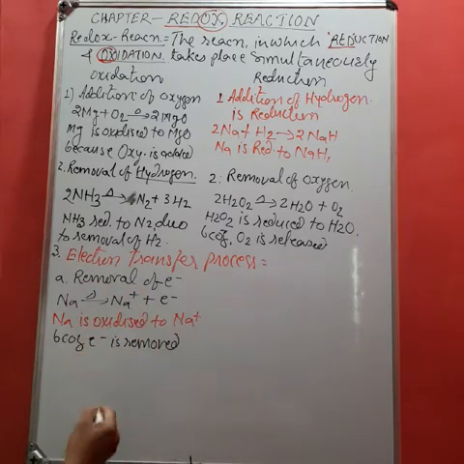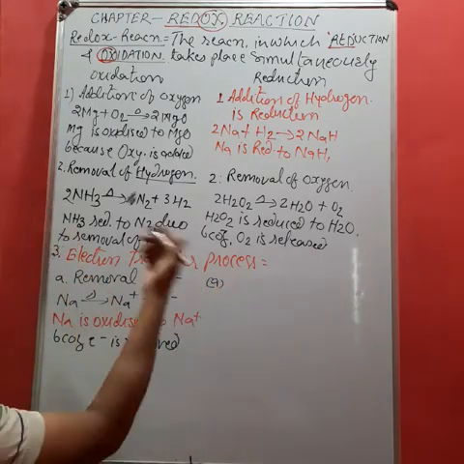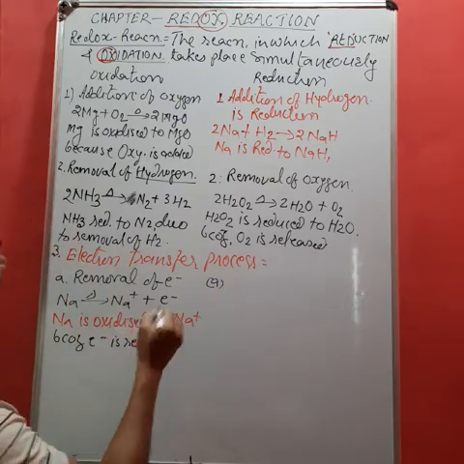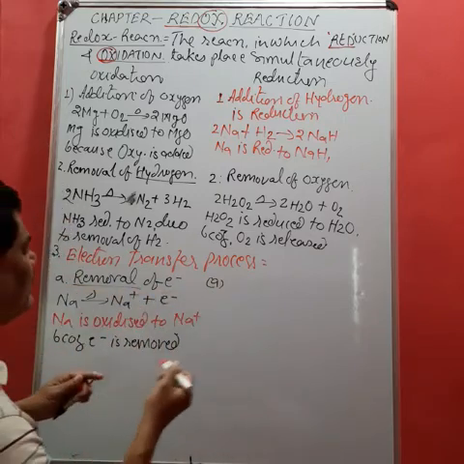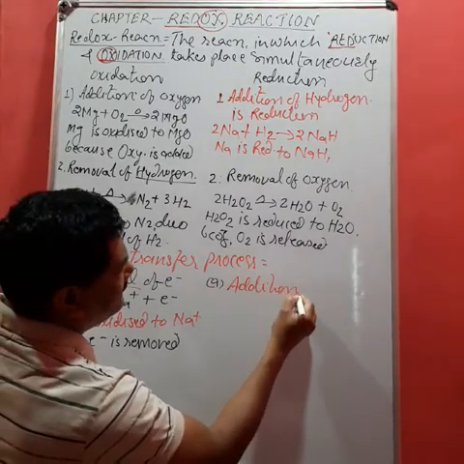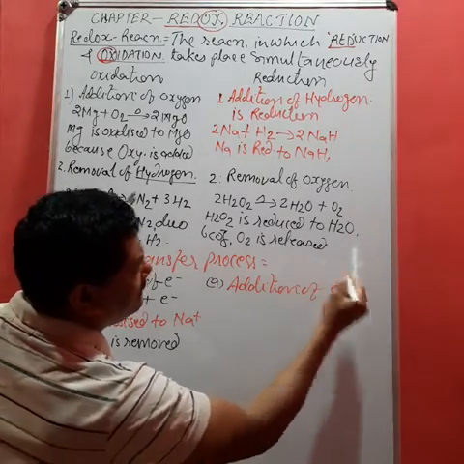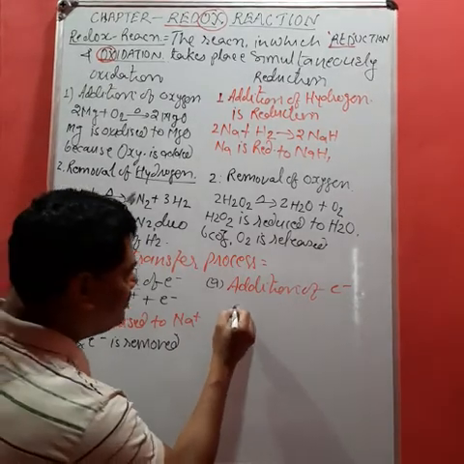Electron is removed. Now similarly, we can again define it just opposite of oxidation. So what we can say? Instead of removal, we can use the term addition. Addition of electron is known as reduction. Now addition of electron means what?